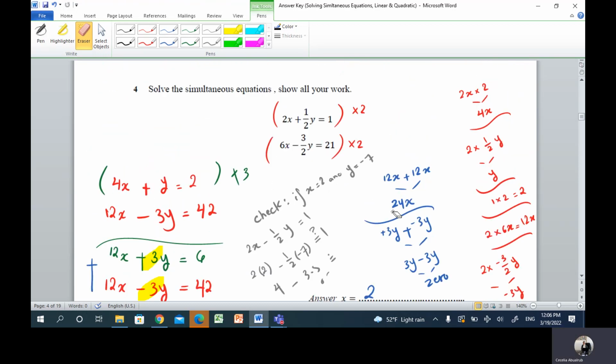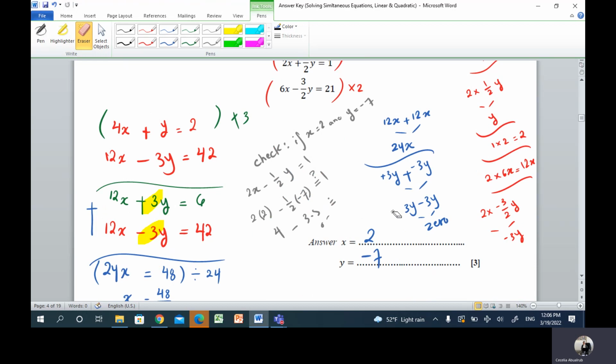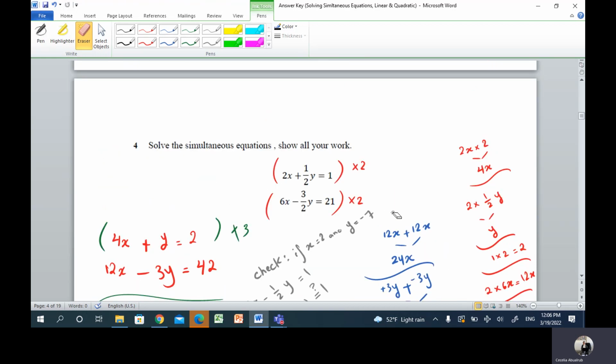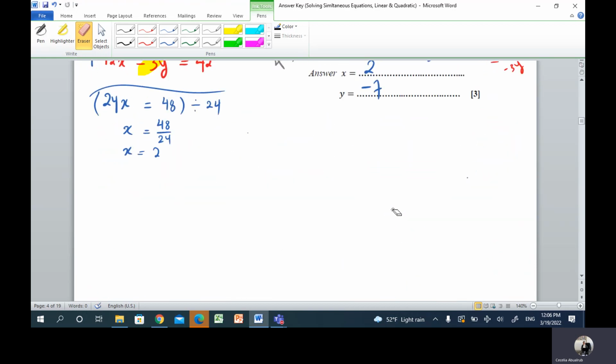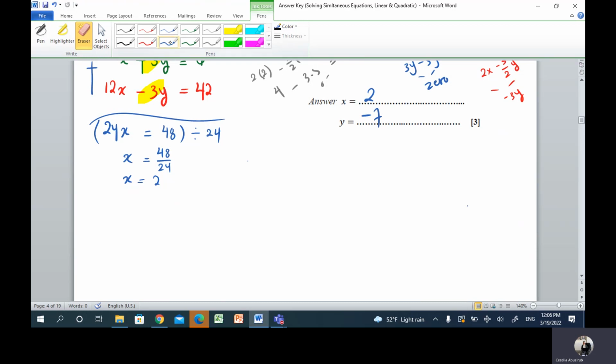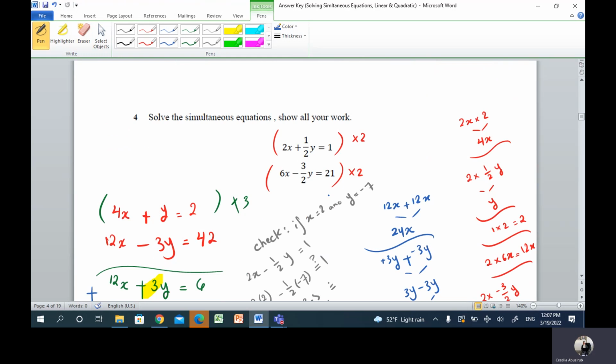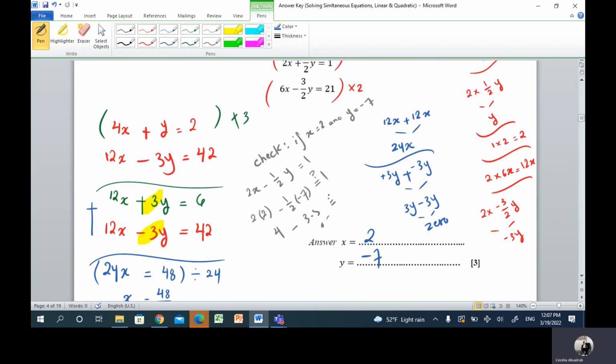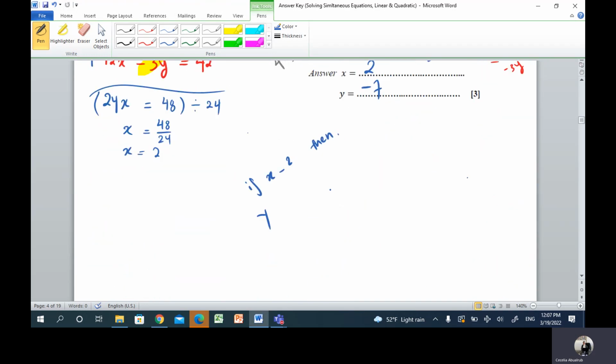What is the first equation? 2x plus half of y is equal to 1. Okay, let's do that. If x is equal to 2, let's make sure that we are writing the equation correctly. 2x plus half of y is equal to 1.